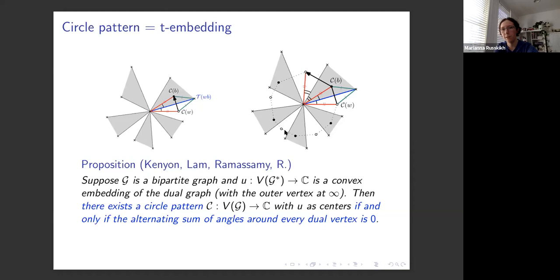If I go around one vertex, then I finish at the same point. Then I can start doing it around the next vertex of the t-embedding and construct the whole circle pattern realization. So this is two definitions of the same object.